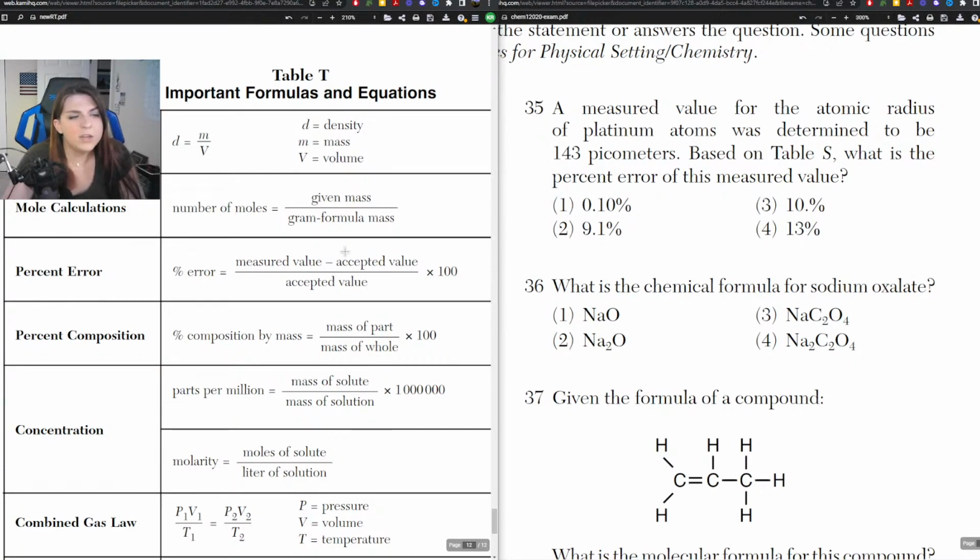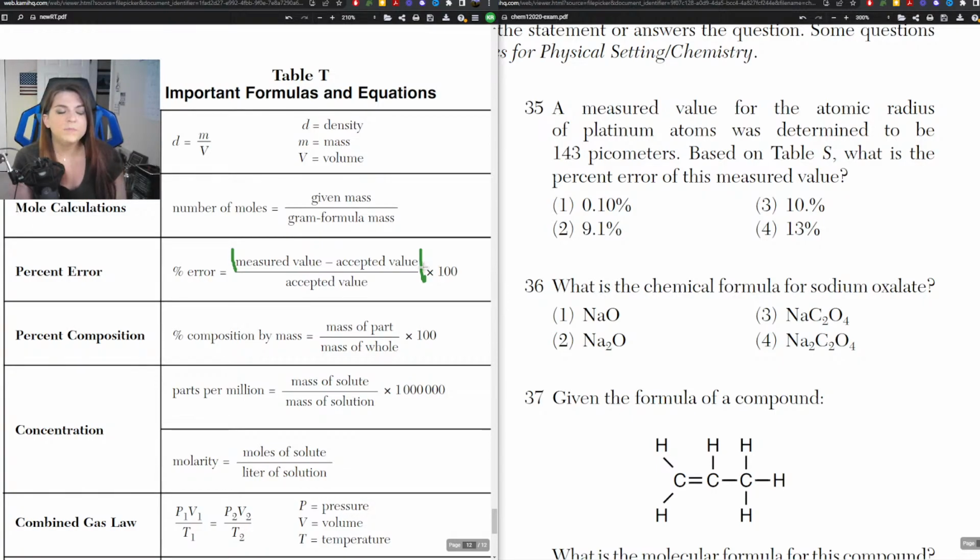Percent error is the measured value minus the accepted, divided by the accepted value, times 100. Now, what they don't tell us on the reference table is that this actually is supposed to be an absolute value. In chemistry, positives and negatives are kind of annoying, right? With delta H on the potential energy diagrams, positive means heat is entering, and negative means heat is exiting.